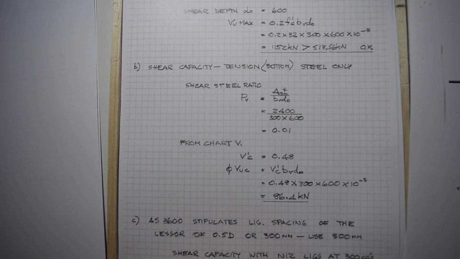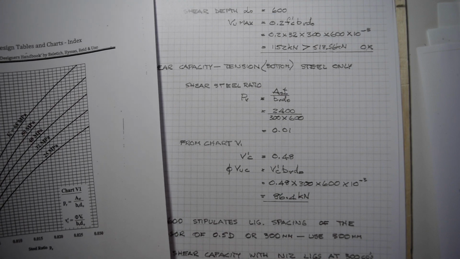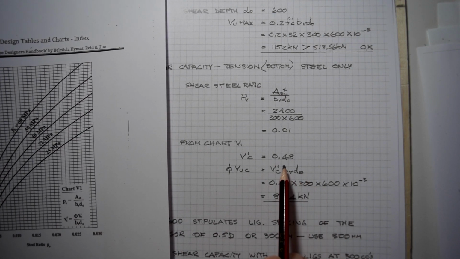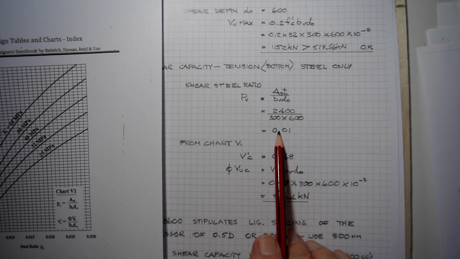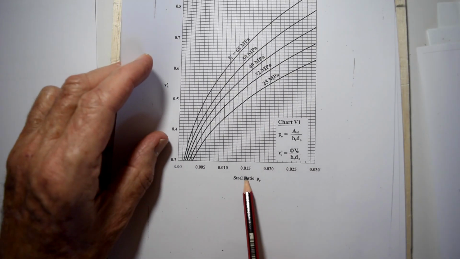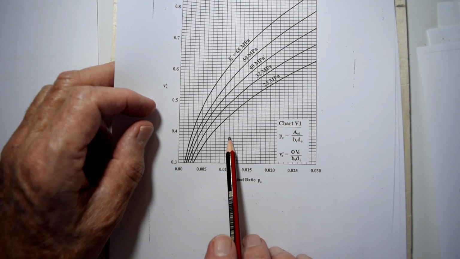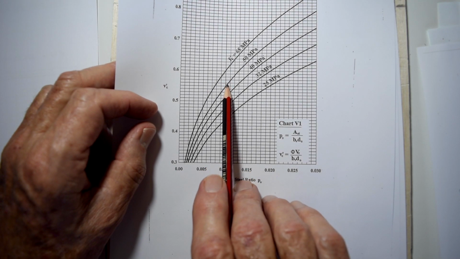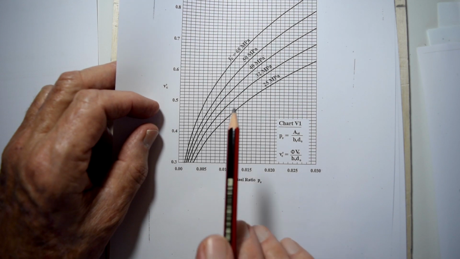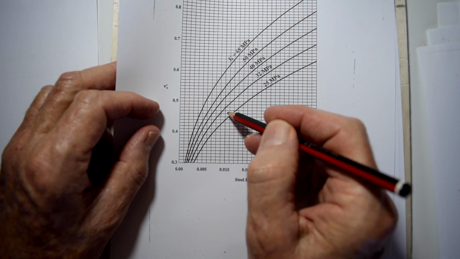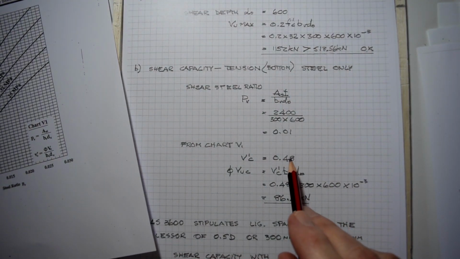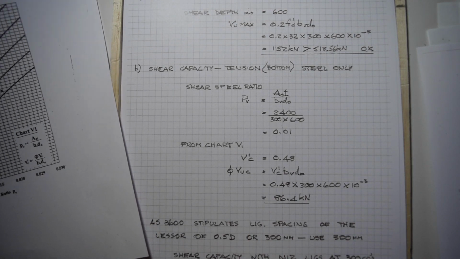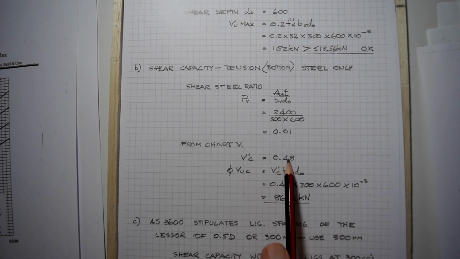Looking at graph V1, where we V1C, we check out what PV is, and that is the ratio at the bottom, 0.01, there it is, there the axis of that is, and we're looking at 32 MPa. We're looking at 32 MPa, so we're going up to 0.01, and we go across to the left, and we get a figure of 0.48 for V1C, because that's what we're seeking, V1C.